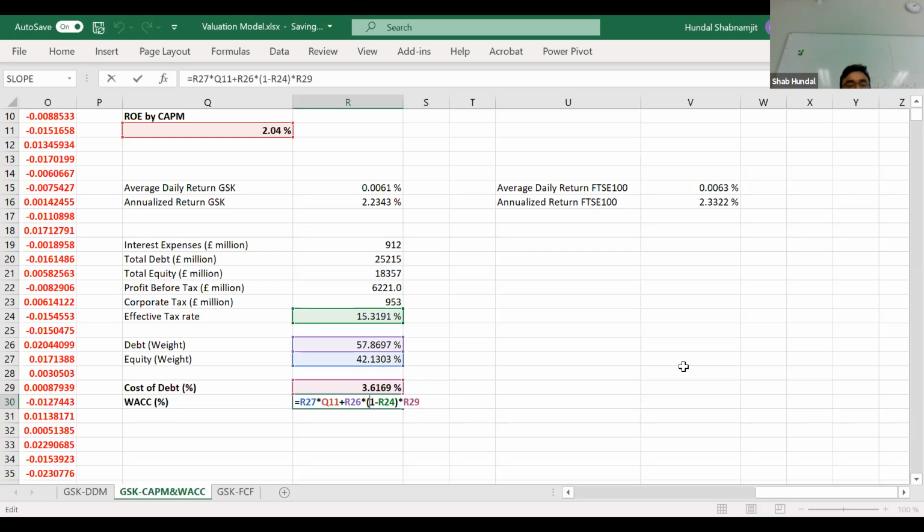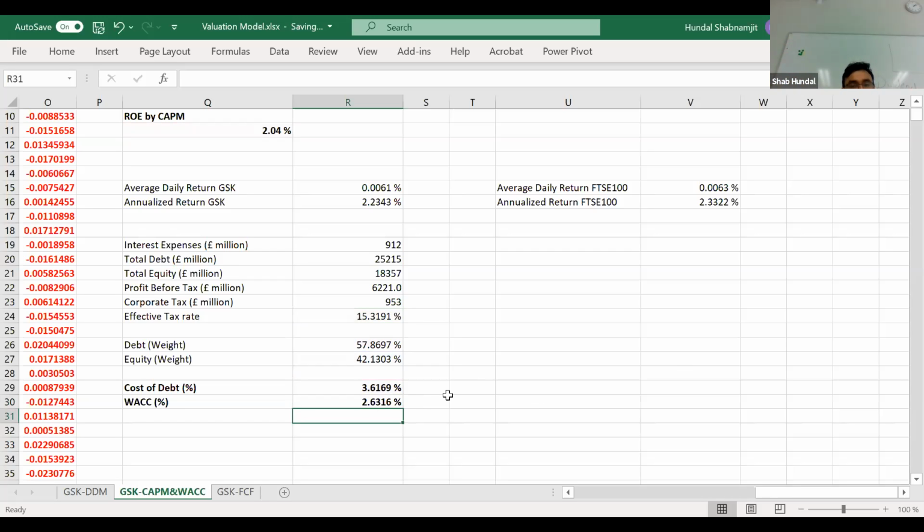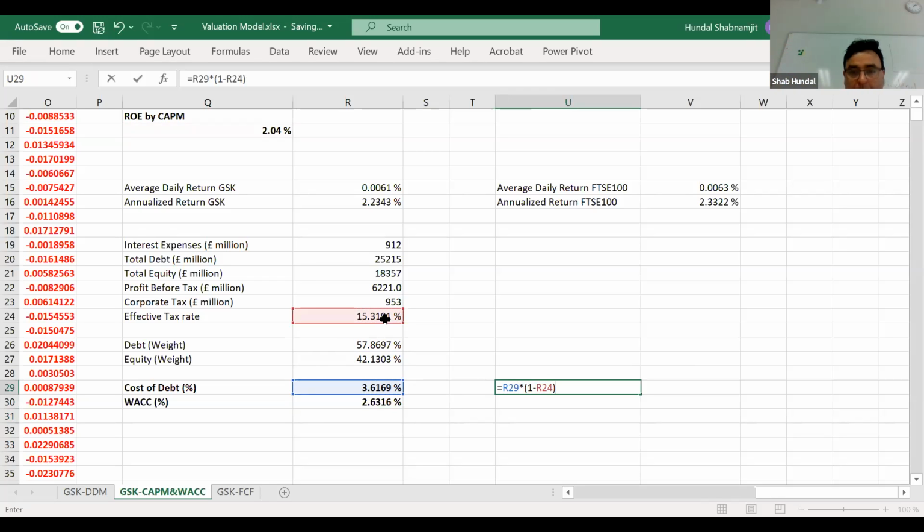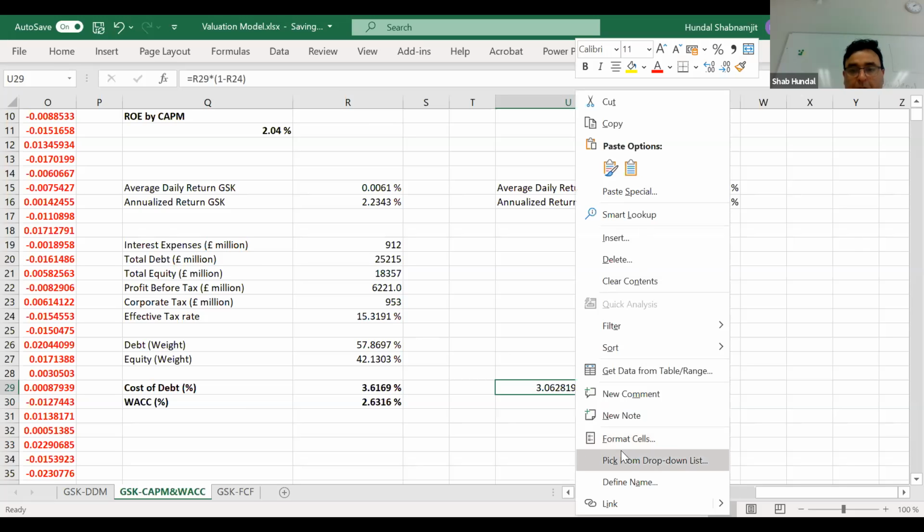So even if the cost of debt is 3.619%, actually you don't pay 3.619. Let me calculate exactly how much you pay effectively. 1 minus the tax rate, this one here.